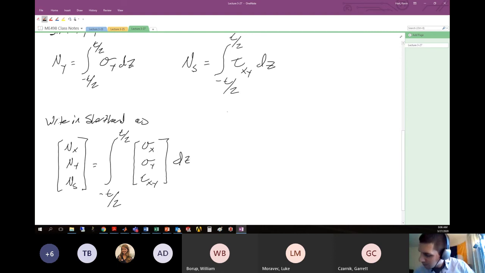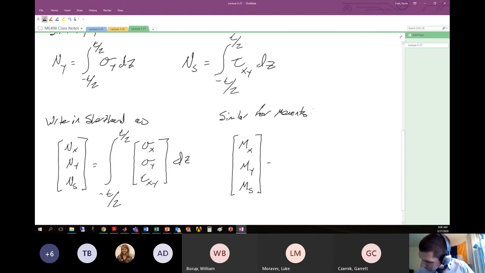So we can have a similar relationship between the moments and the stress. And that is the moment in X, moment in Y, and the moment in shear, which is kind of like the torque on our laminate, is the integral from negative t on 2 to t on 2.